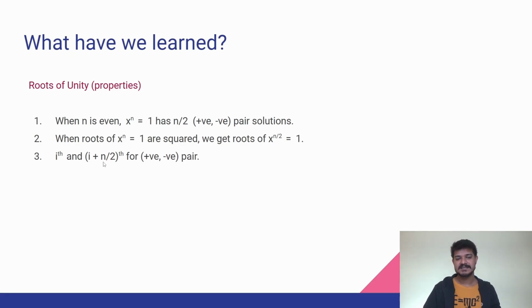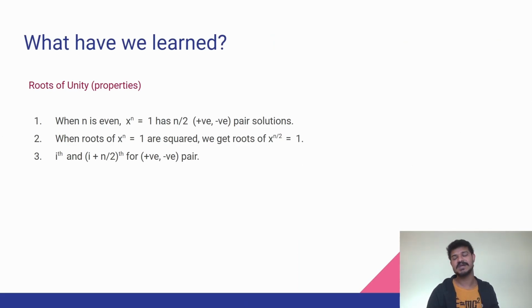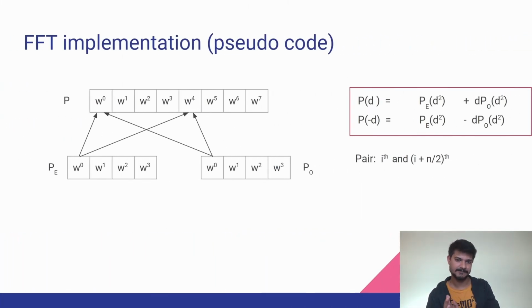And then the ith and i plus n by 2th numbers form a positive negative pair. We just saw it, right? The kth and n by 2 plus kth numbers form a positive negative pair. So these are the things that we have learned about roots of unity, and this gives us the freedom to use them to evaluate a polynomial in n log n time.